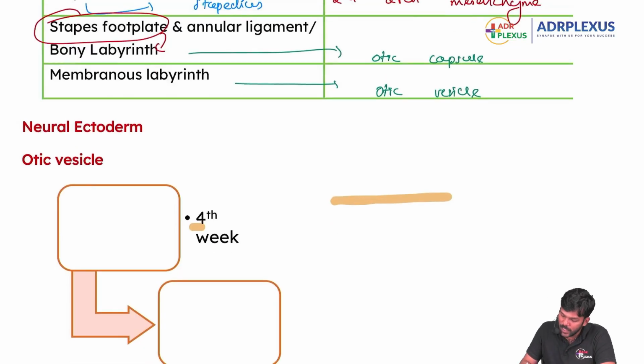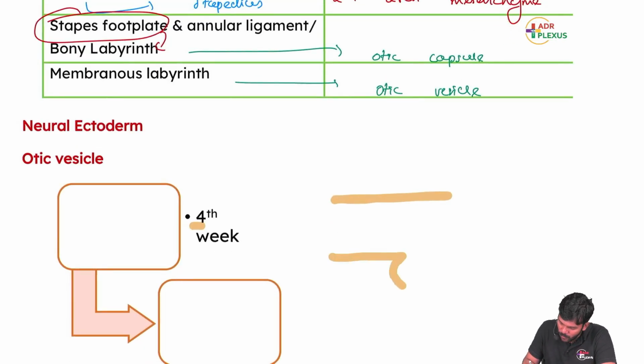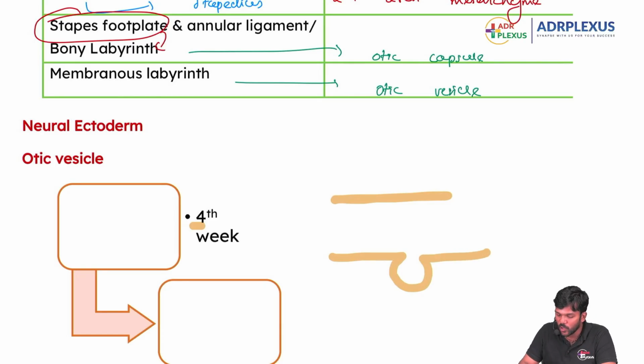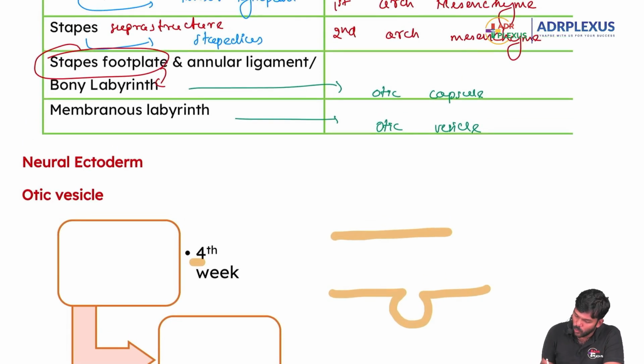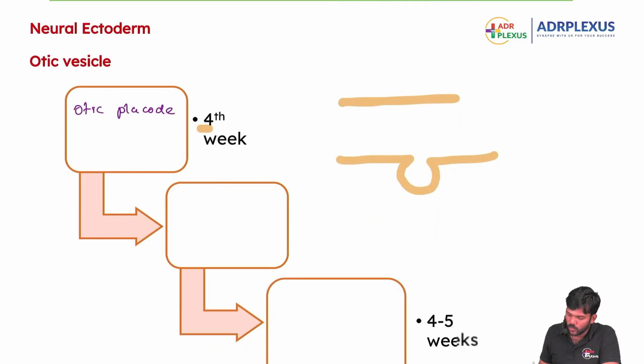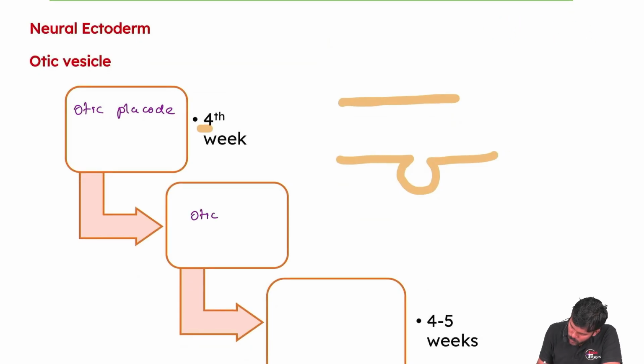Okay, so that linear structure will slowly form a pit inside it. That linear arrangement of cells is called otic placode. Otic placode. This otic placode will slowly develop otic pit.